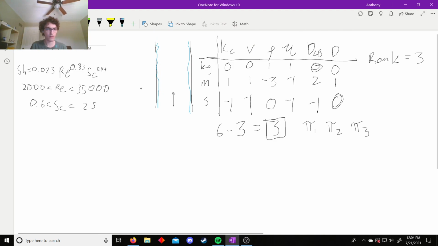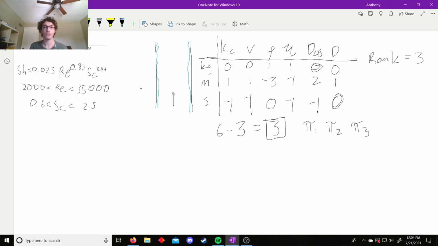So the way we want to go about doing this is we want to create a core group of variables. And the core group of variables doesn't matter too much. The only real constraint is that the core group has to have 3 variables in it, because the rank of our matrix is 3.